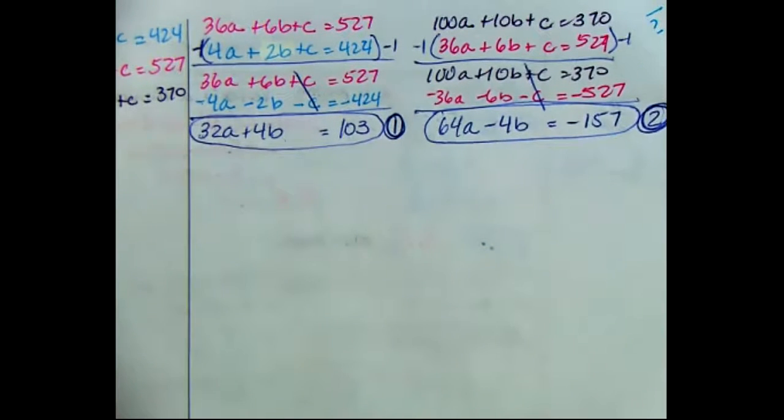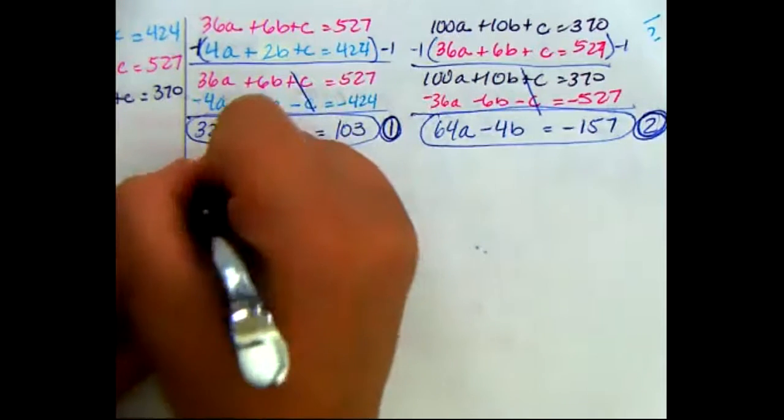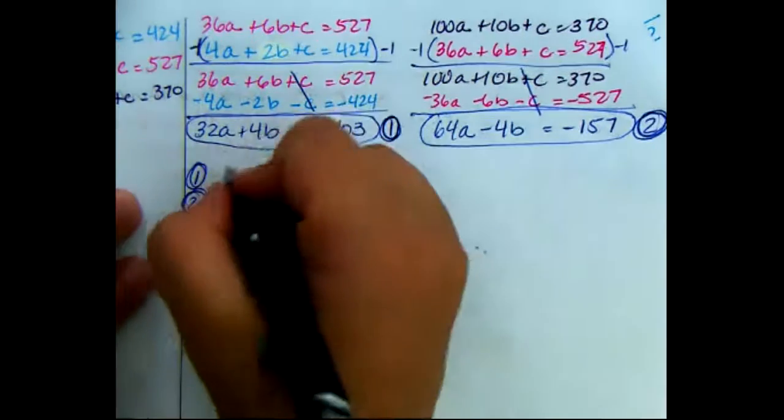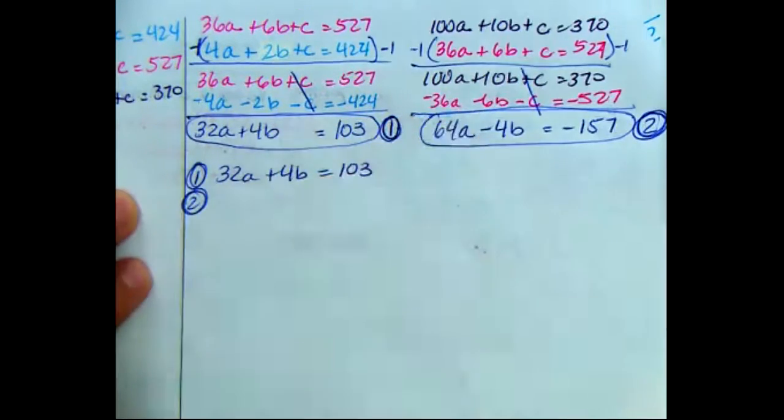Okay. So great, we have two equations with two variables. So we do another system of equations. We take equation 1 and we take equation 2. So we have 32A plus 4B is equal to 103.